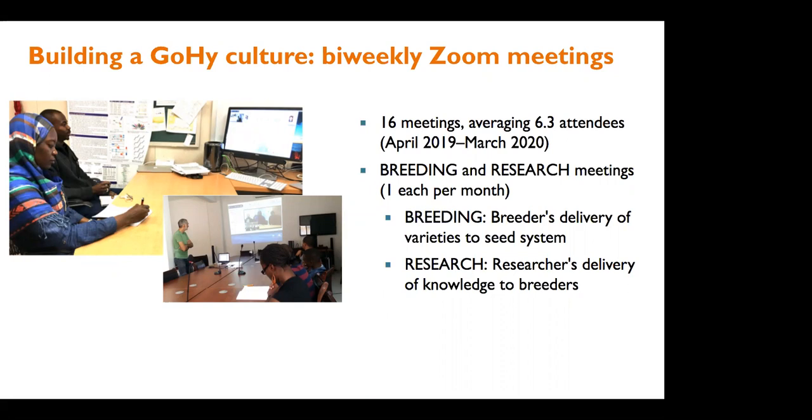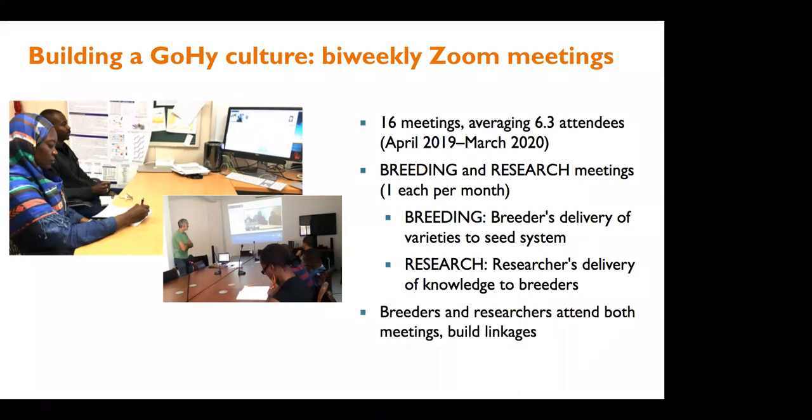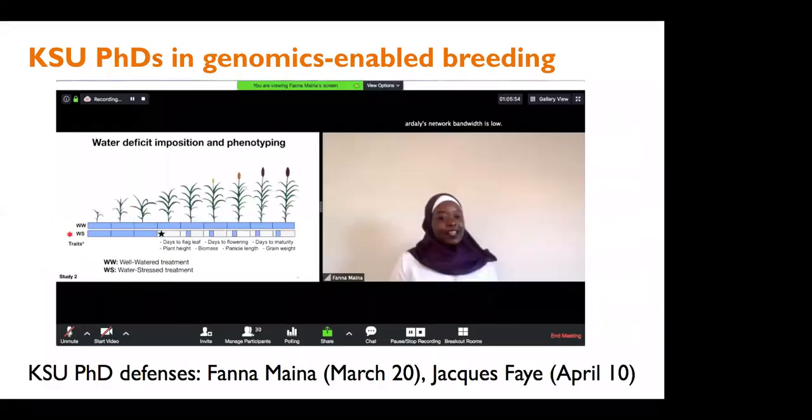For the research meeting, the focus is on the researchers' delivery of knowledge to the breeders that addresses their roadblocks. Each of these meetings is focused on either breeding or research, but that doesn't mean that only the breeders or researchers attend. The breeders and researchers attend both meetings, and they build linkages that way and understand each other's programs and how to deliver from one to another.